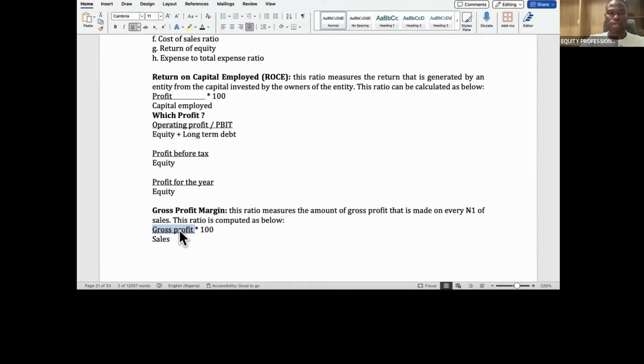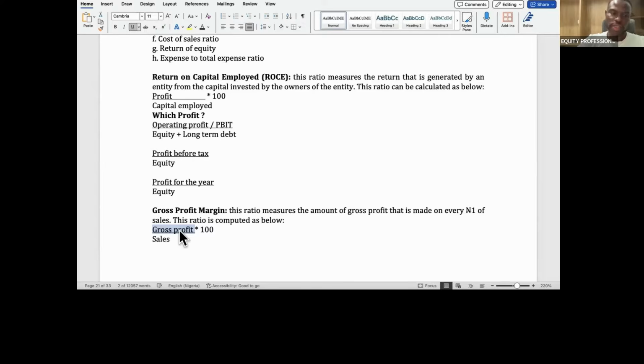That's one. Two is your selling price. If you're able to sell at a very high price, you have a good profit margin. So, depending on the context, that's how you're going to give a good analysis.